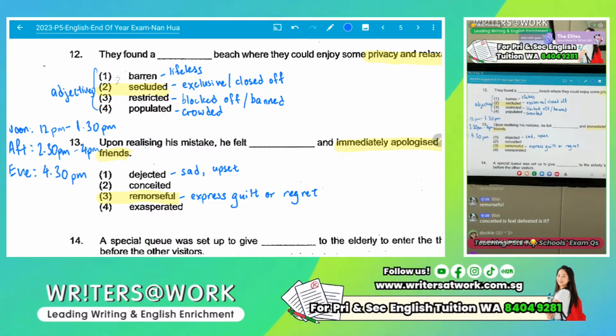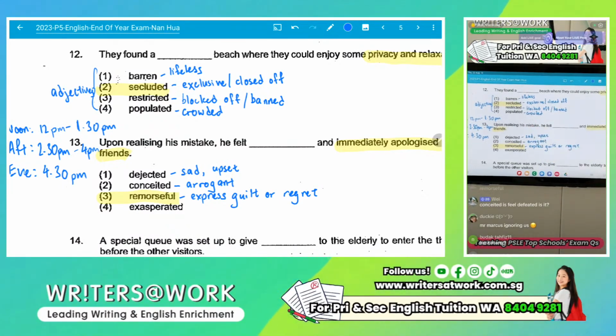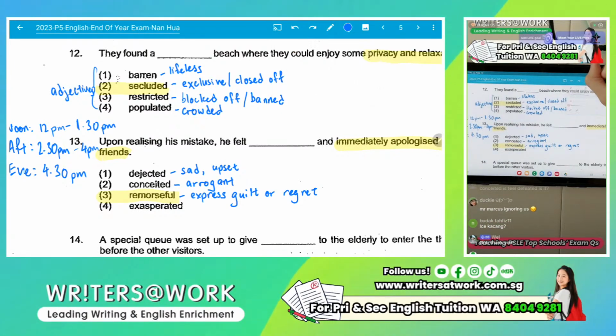Conceited feels defeated. Is it? Conceited is not quite defeated. To be conceited is to be arrogant or stuck up. I think the word you're looking for, Wei, is a similar word called conceded, right?